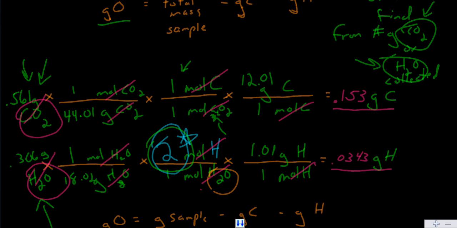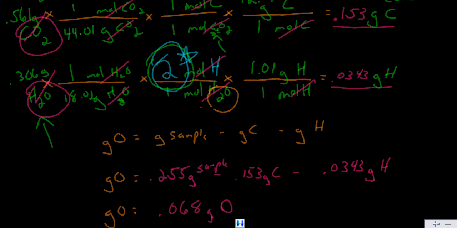And then to know the number of grams of hydrogen, you need to realize how many grams of water were collected. In this problem, 0.306 grams of water were collected. You can find how many moles of water were collected, and then the number of moles of hydrogen that were collected. For every 1 mole of water which is collected, there are 2 moles of hydrogen collected.